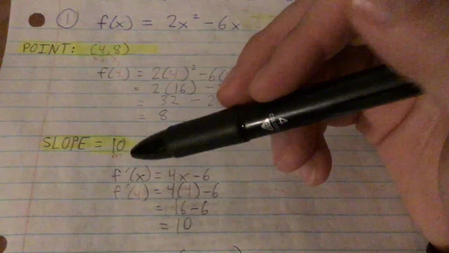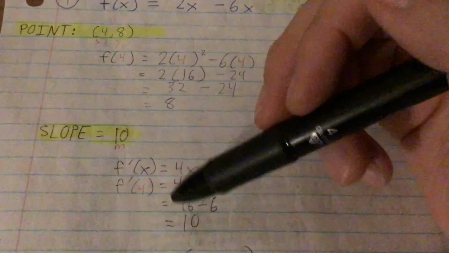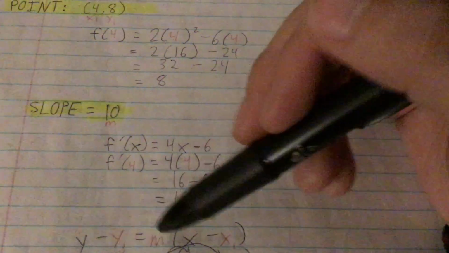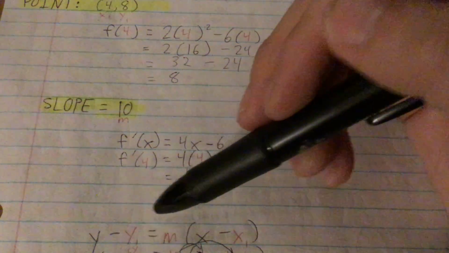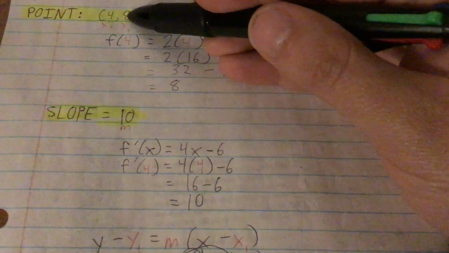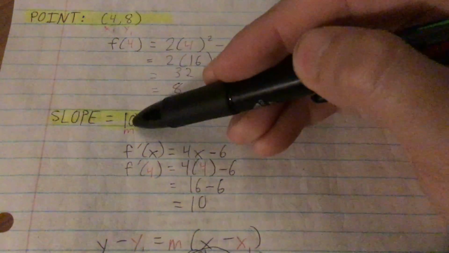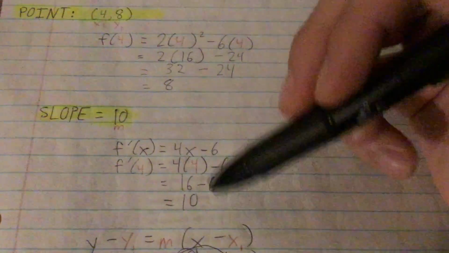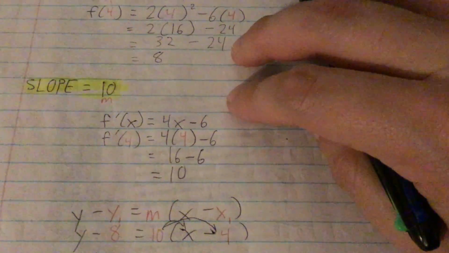So now that we've gotten that part out of the way, we've got a point, we've got a slope, let's figure out the linear equation. So I go into point slope form. y minus y1 equals m times (x minus x1), where y1 is 8, m is 10, and x1 is 4. Are there any double negatives?